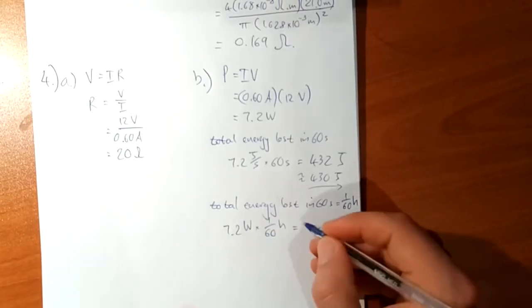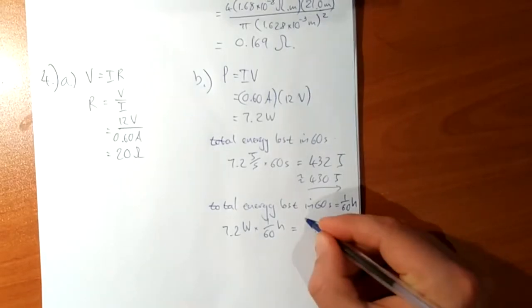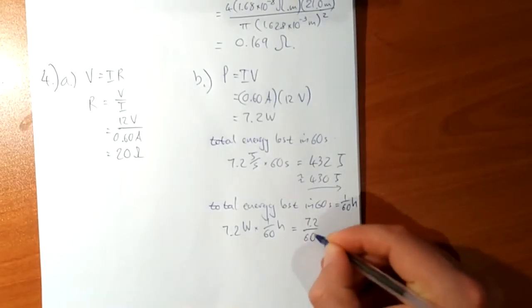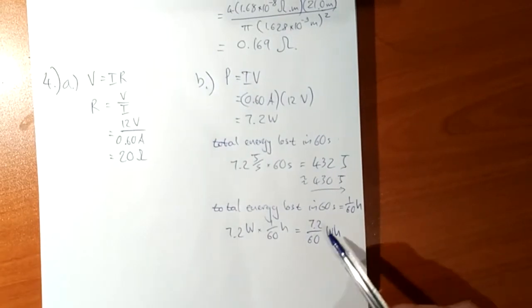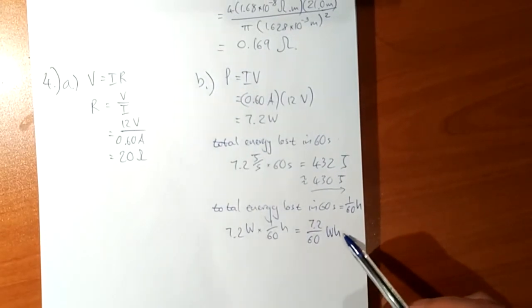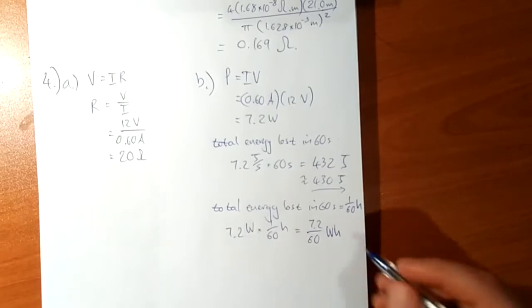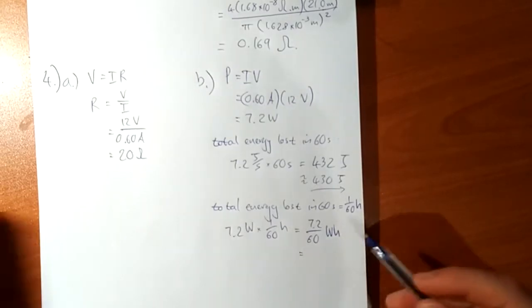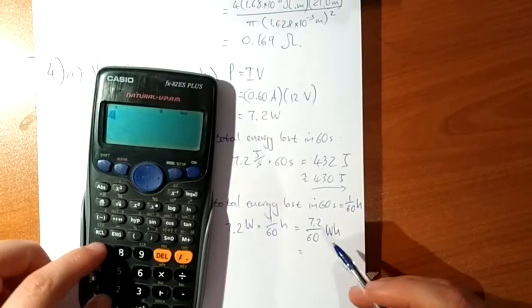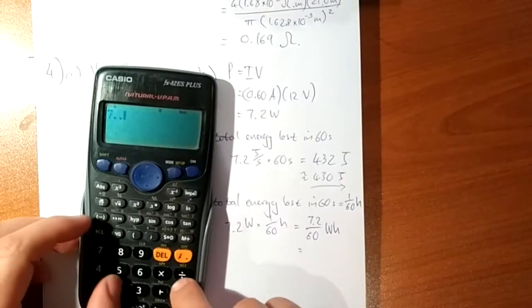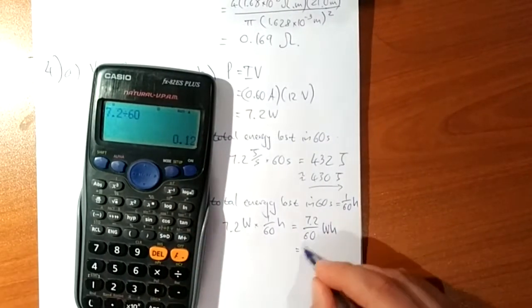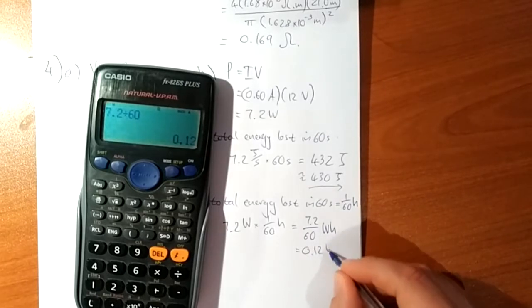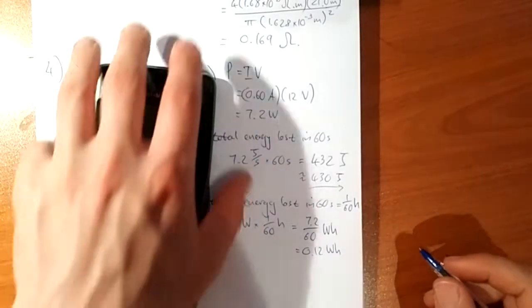So that is equal to 7.2 over 60 watt hours. 7.2 joules per second for an hour. Okay, so what is that? You can calculate 7.2 divided by 60, so 0.12 watt hours.